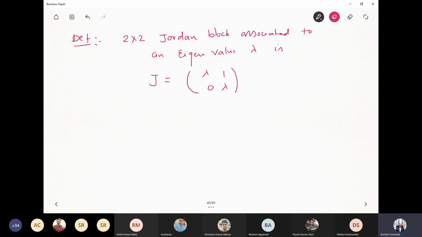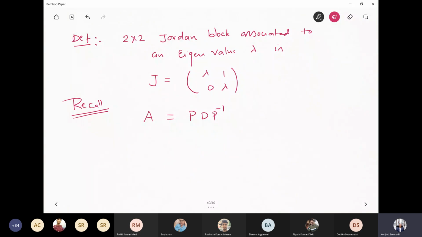So what is the idea here? Just recall what happens in the case of diagonalizable matrices. Suppose A is similar to a diagonal matrix, then you write something like this, right? Where D consists of only the eigenvalues, and you know what all the matrices are which have this property: all the symmetric matrices, normal matrices.